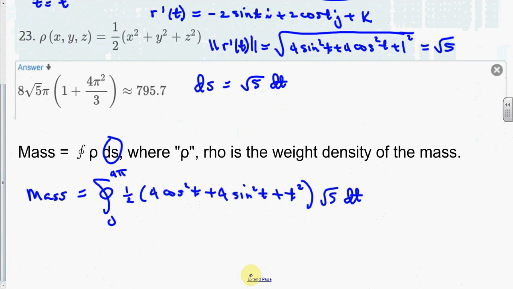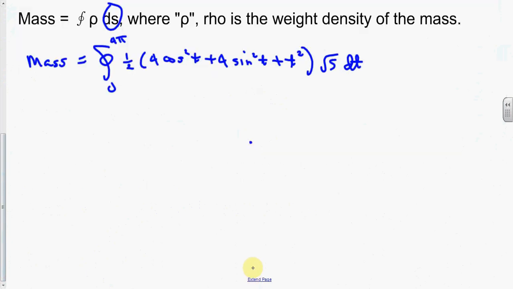Now we can simplify that since they give us cosine squared plus sine squared. So we can pull the 1/2 out in the front, pull the square root of 5 out in the front, so we have the square root of 5 over 2 times the integral from 0 to 4 pi.